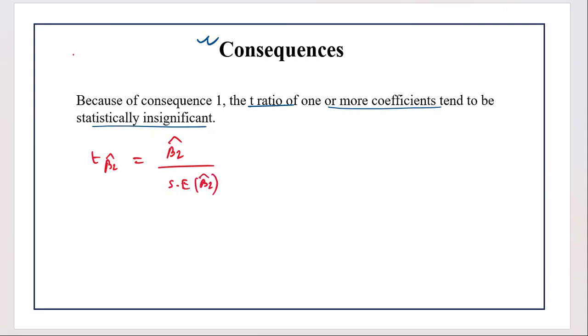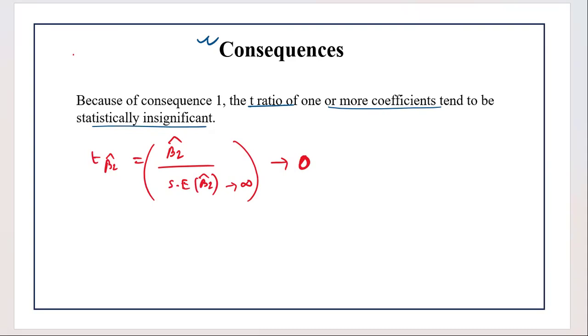Now again the same concept: since the standard error of beta 2 cap is tending towards infinity, the entire t statistic is tending towards 0. I hope this is clear. Since the denominator is going towards infinity, the entire ratio is going towards zero, which basically means the possibility of the variable being statistically insignificant is higher.